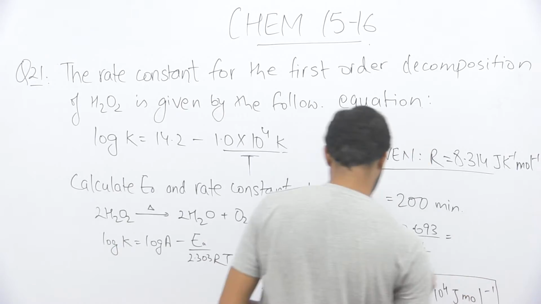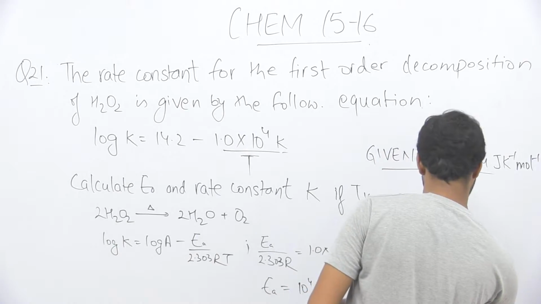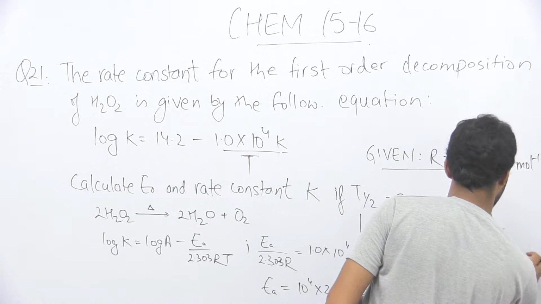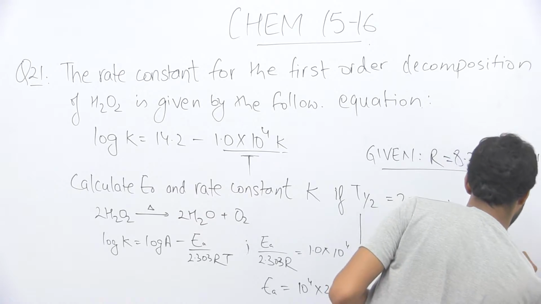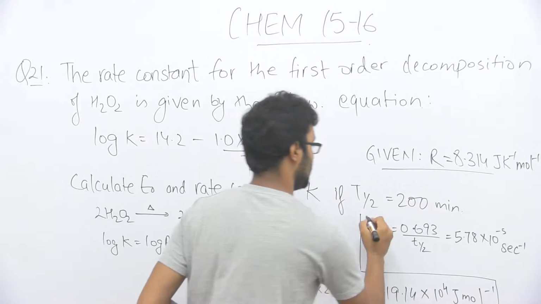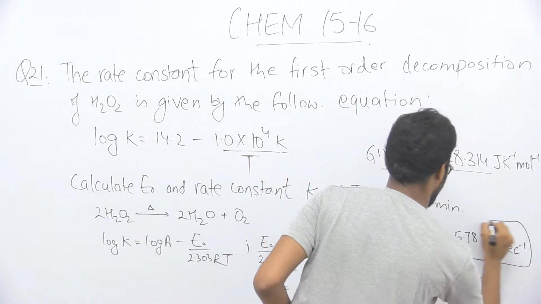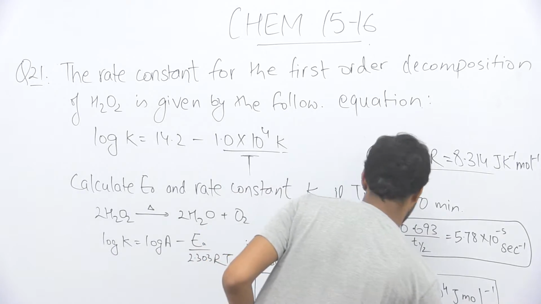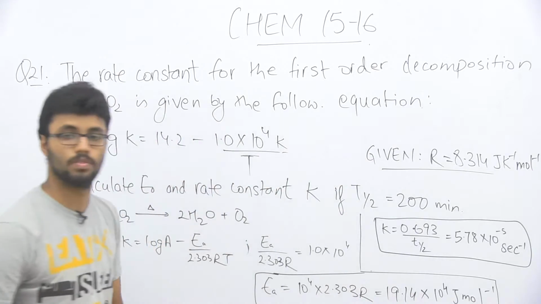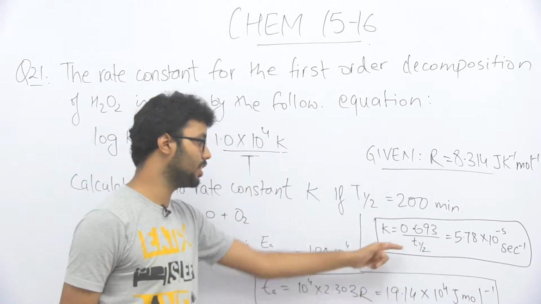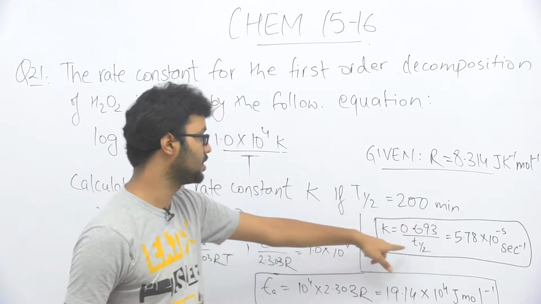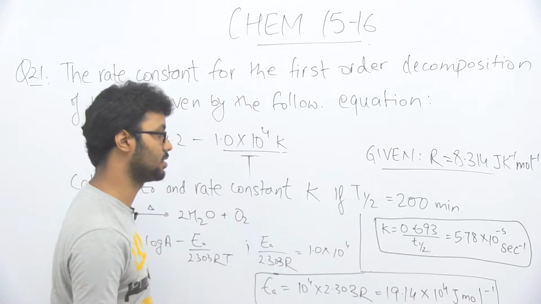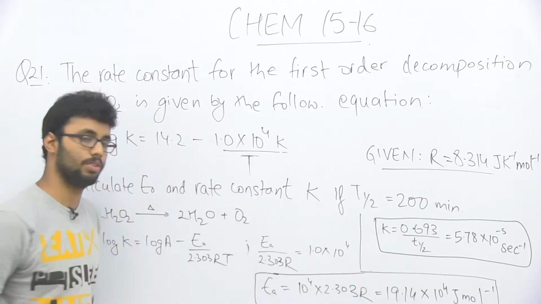So we put the values and we find that K is 5.78 into 10 raised to the power minus 5 second inverse. This is the value of K, and we had calculated the value of EA here.